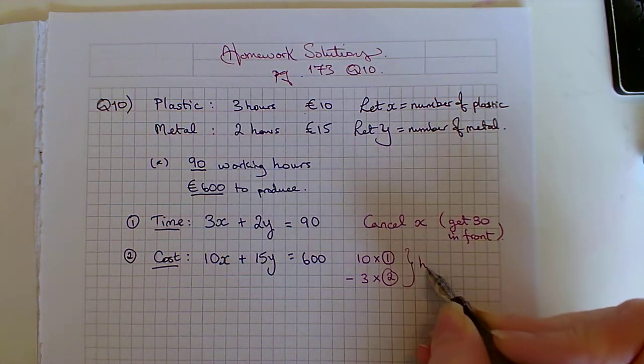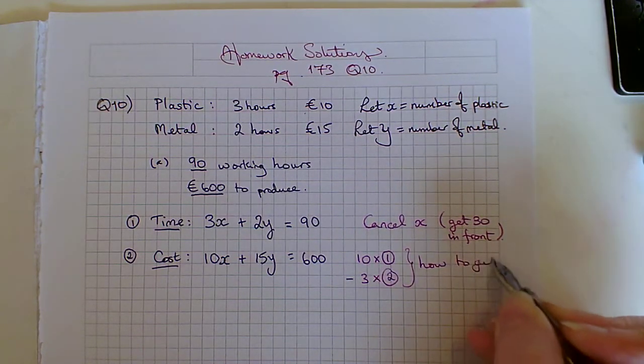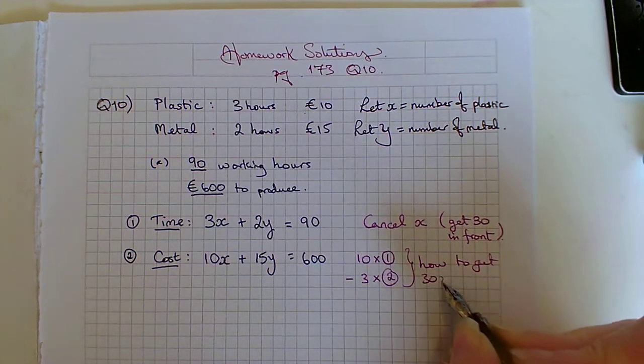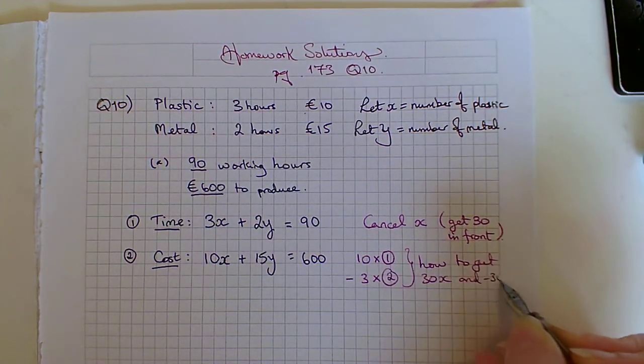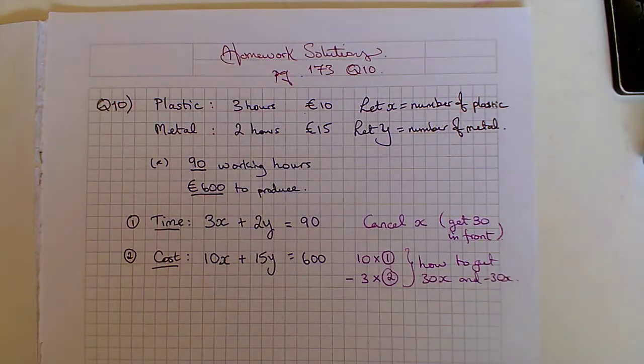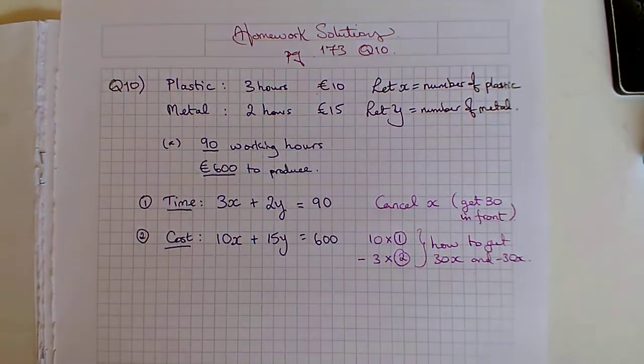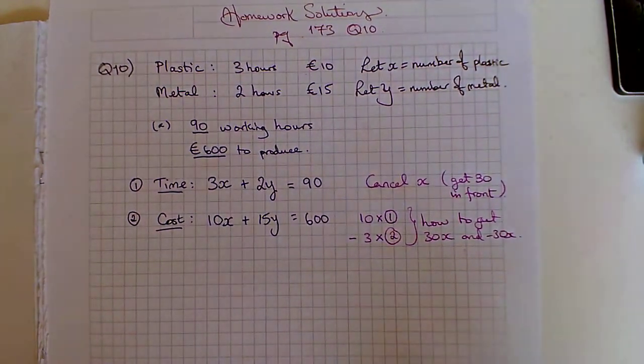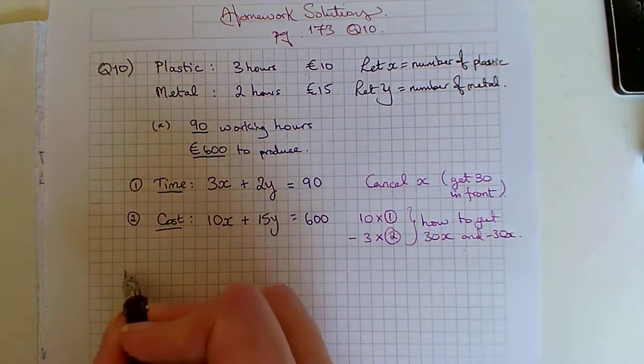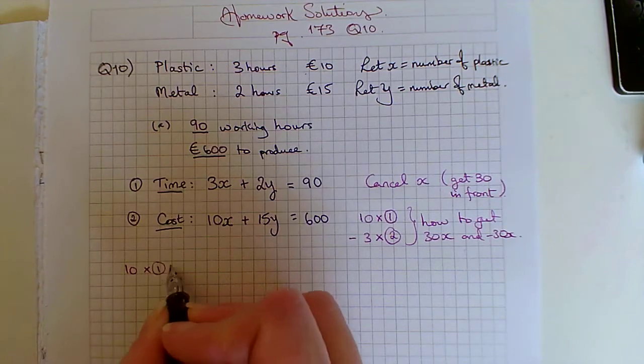So that's how to get 30x and minus 30x in our equations. Do you need to write down all of that? You certainly don't, but if it helps keep you organized, then there's no harm in doing it. So I do like to write down what I'm doing and how I'm doing it.